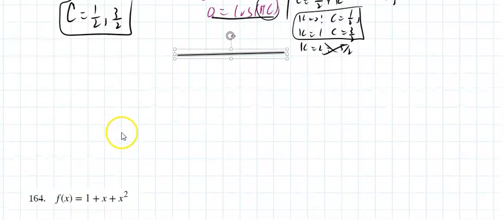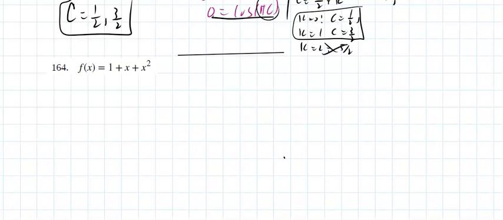All right, how about this problem? The same deal. They're looking at the interval between 0 and 2. If you plug 0 in, you get 1. And if you plug 2 in, what do you get? You get 4 plus 2, that's 6, plus 1, you get 7.